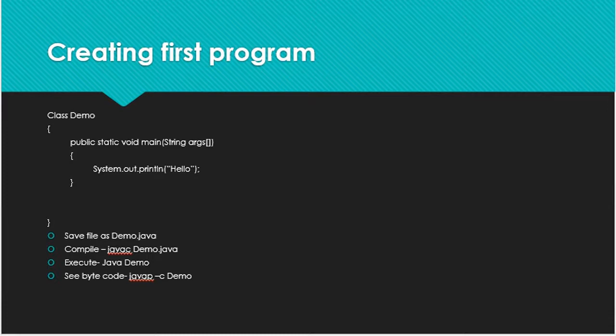Along with that, we have public static void main, and inside that String args. This is the main method of the Java program, from where you can start the execution of that program, and System.out.println, and inside that it is written Hello. This line is used to print the hello message after the execution. So this is the program.